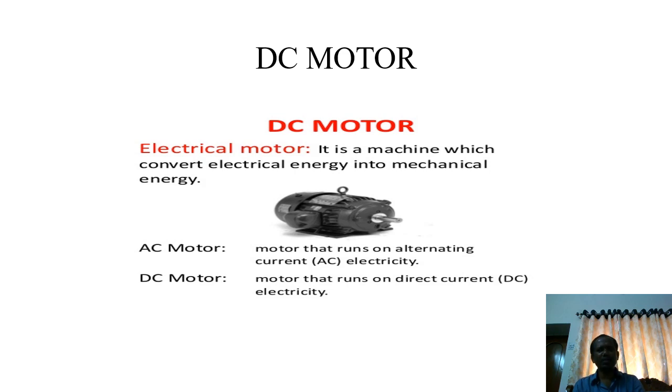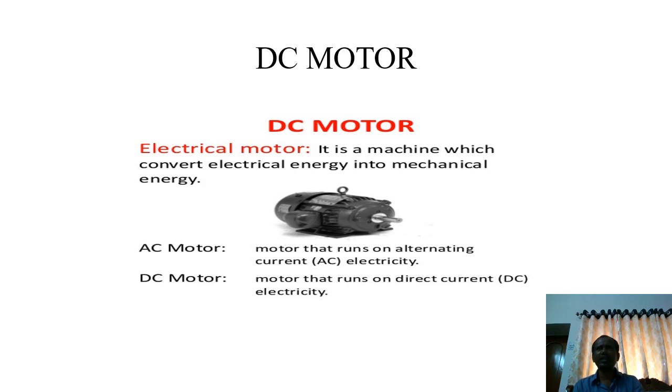So there is an AC motor that runs on alternating current, and a DC motor that runs on direct current. These are the two differences: one runs when AC is supplied, the other when DC is supplied. Similarly, DC generator and DC motors are different.